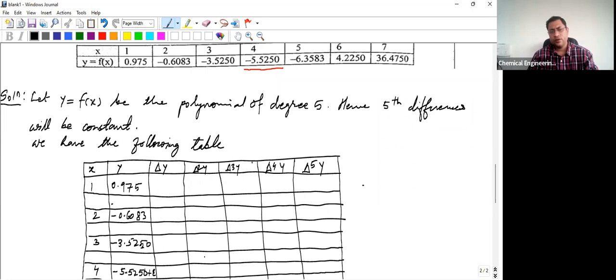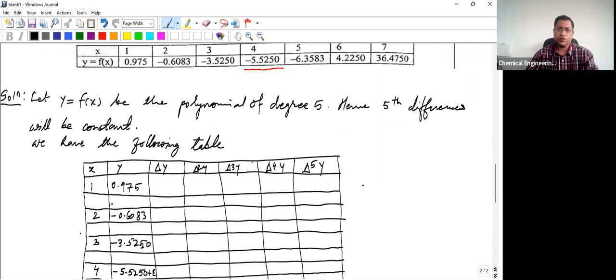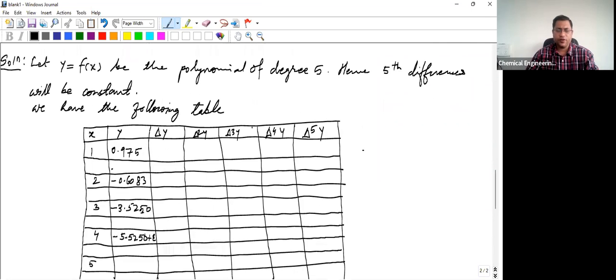So we write it minus 5.5250 plus epsilon. Then the next value is minus 6.3583.